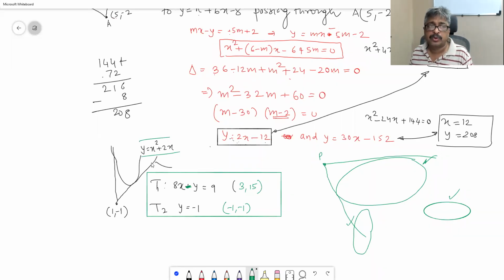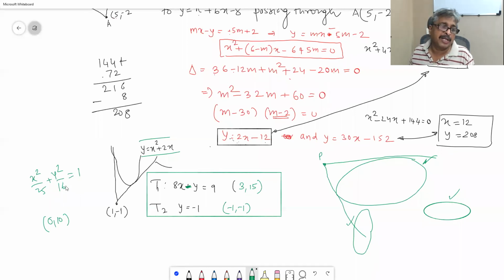Like say I give the ellipse x square by 25 plus y square by 16 is equal to 1. Suppose this is the curve, and if I give you some point 0, 10, find the equations of tangents. Now, in this case, they are going to be bad because I have not designed it, but the procedure is the same. Let the slope be m, let the equation in terms of m be so and so.